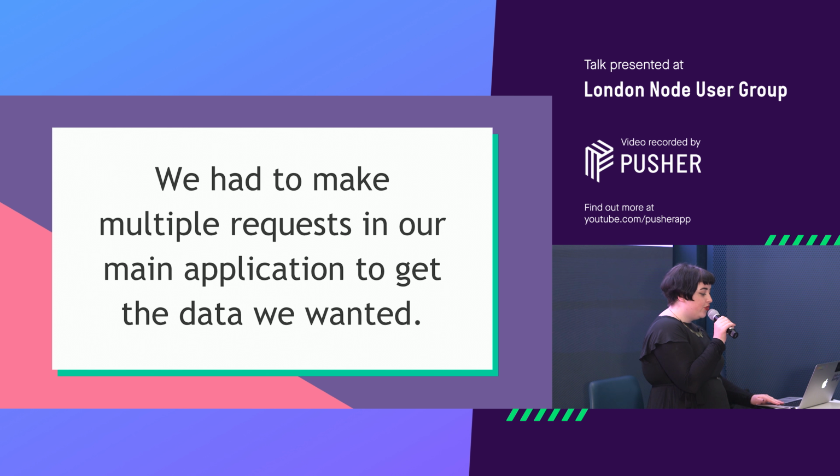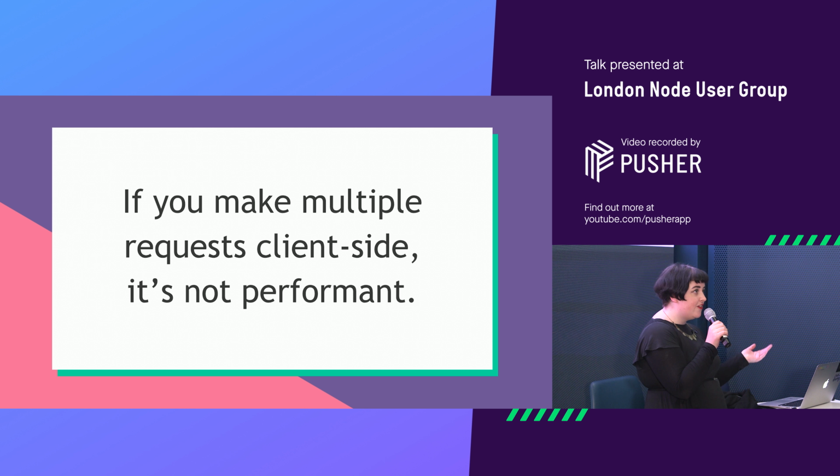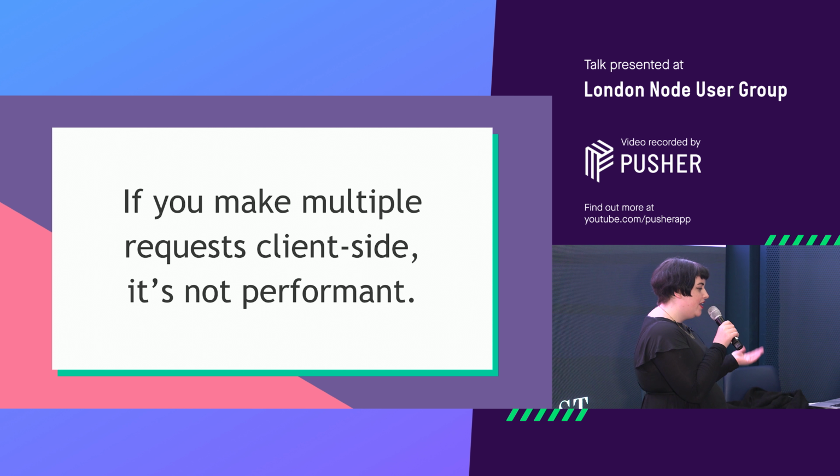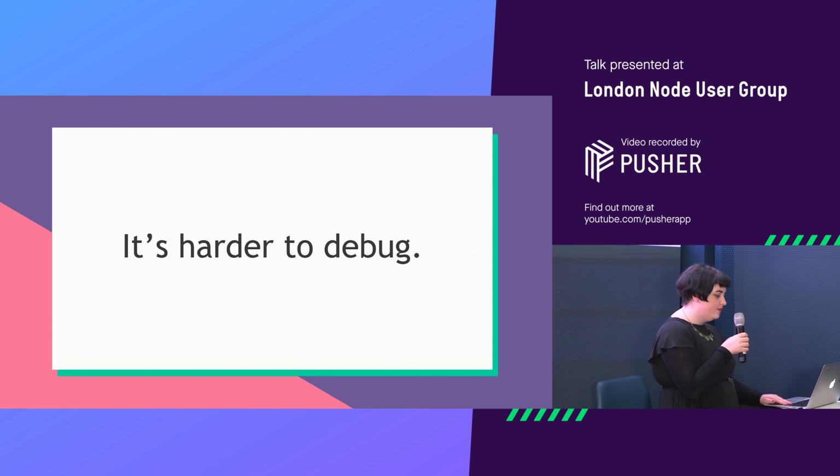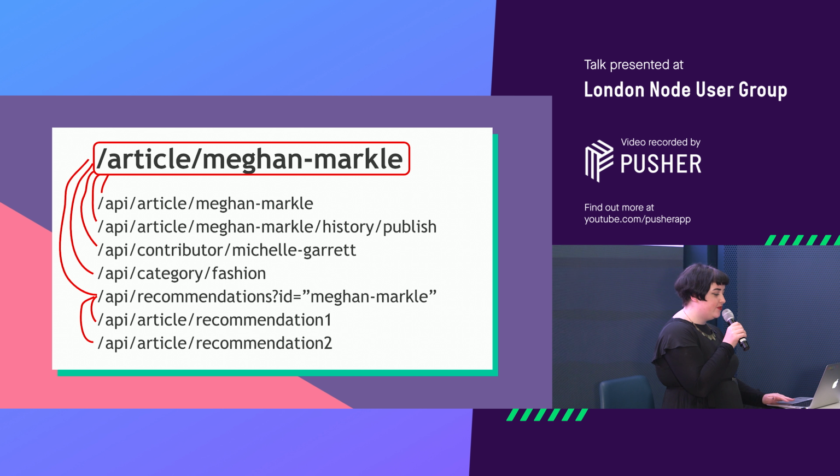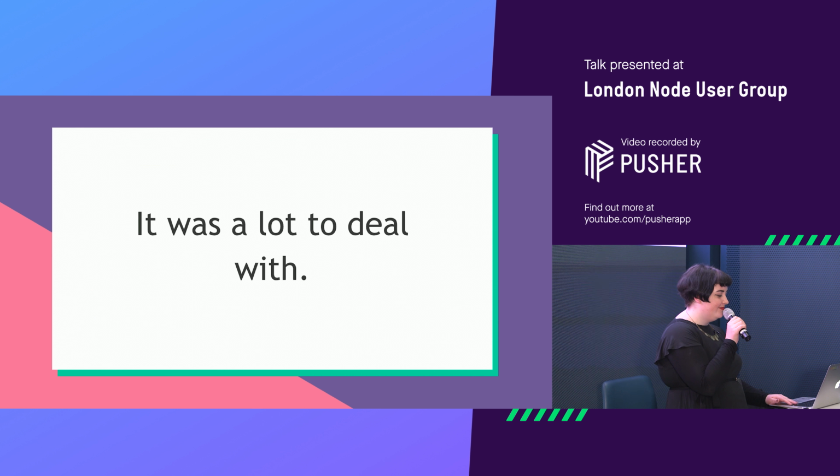And we had to make multiple requests in our main application to get the data we wanted. And we were server-side rendering, but if we were making multiple requests client-side, it would not have been performant. It's also harder to debug because when something goes wrong in this process, it's hard to track down where exactly the problem is. It was a lot to deal with.